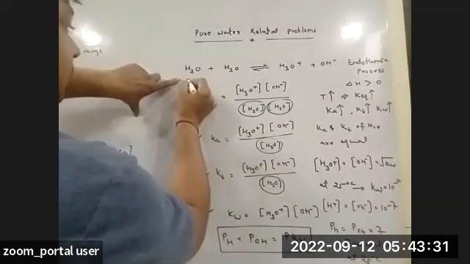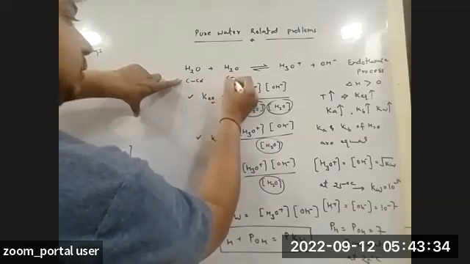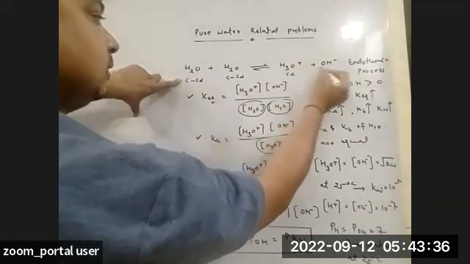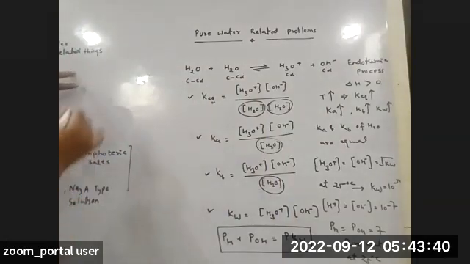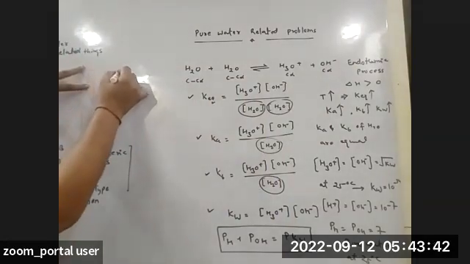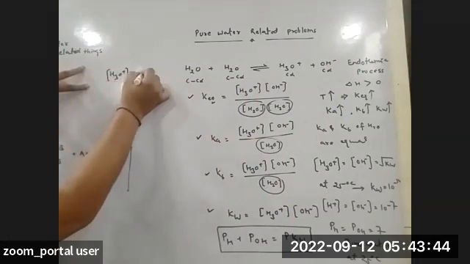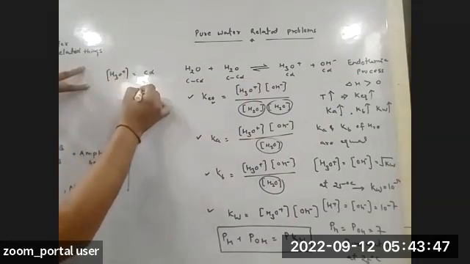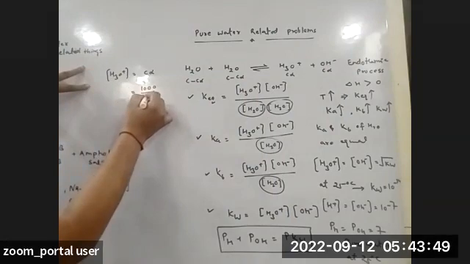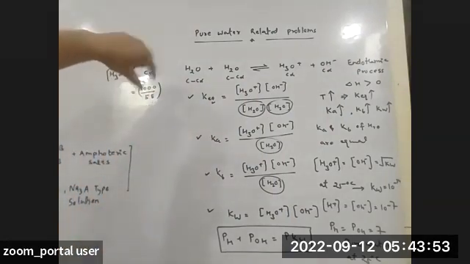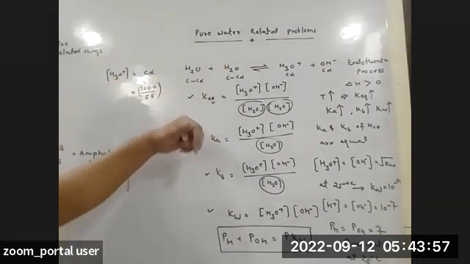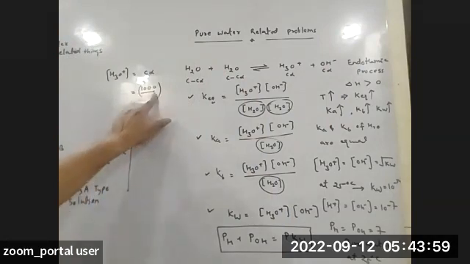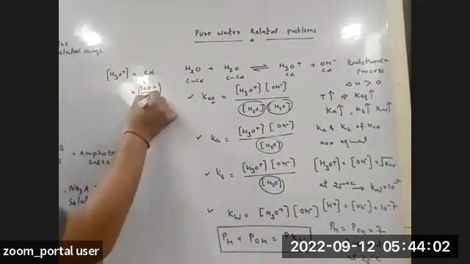Let's say this is C minus C alpha at equilibrium, C minus C alpha, C alpha, and C alpha. Now, what we can conclude at equilibrium, H3O+ is equal to C alpha, and C is 1000 by 55.55, because the density of water is 1 gram per ml, so 1000 gram per liter, and 1000 by 18 mole per liter.